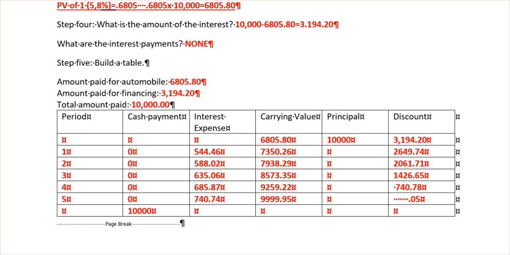We also have to keep track of what I'm calling here principal. In the case of bonds, we call that face value. And then in this case, because the total, when we did our present value calculation, is less than the amount that's going to be paid back in the future, we say we have a discount. Because when we do our present value calculation, that is also the initial carrying value.